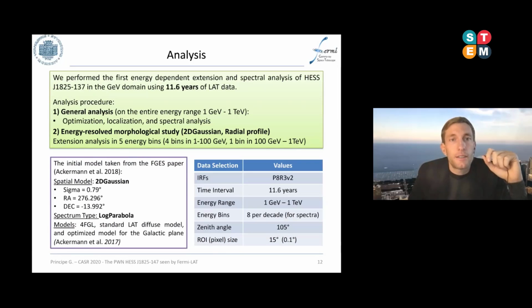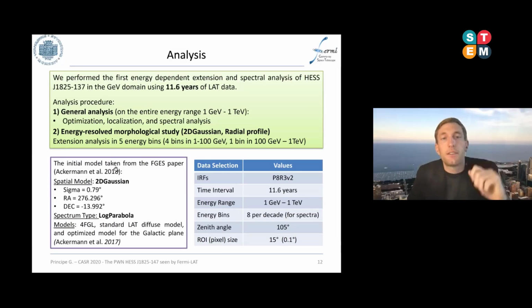So about our analysis, we used almost 12 years of Fermi-LAT data between 1 GeV and 1 TeV. This is also the first general analysis of the source, but in particular we performed an energy-resolved morphological study in the GeV domain, which was not performed by H.E.S.S. above 1 TeV.